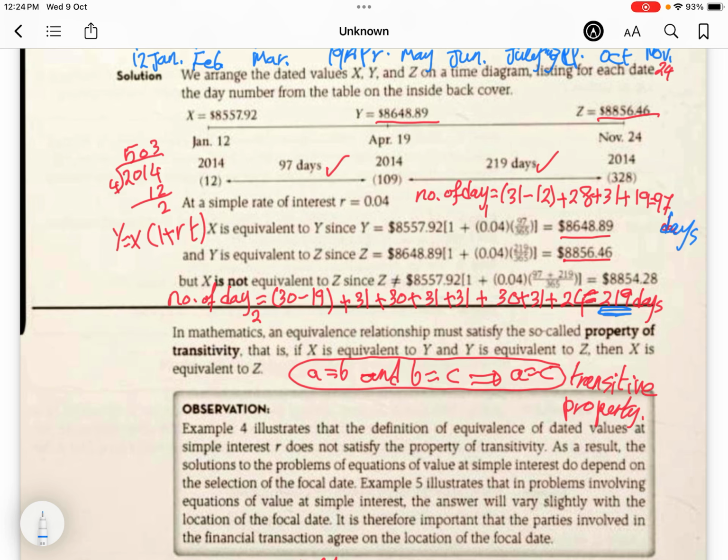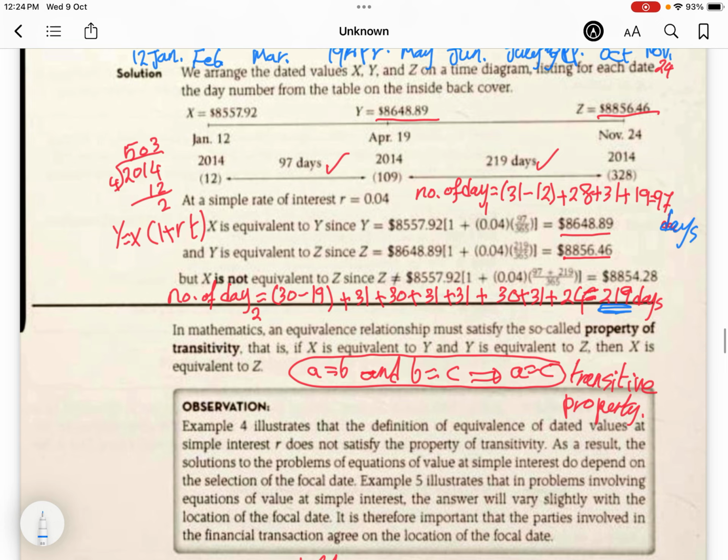Y is equivalent to Z, since Z equals the value of Y multiplied by the factor for 219 days. We will have 8,856.46. But X is not equivalent to Z, since substituting the value of X, you don't have the value of Z. This is why it is not equivalent.